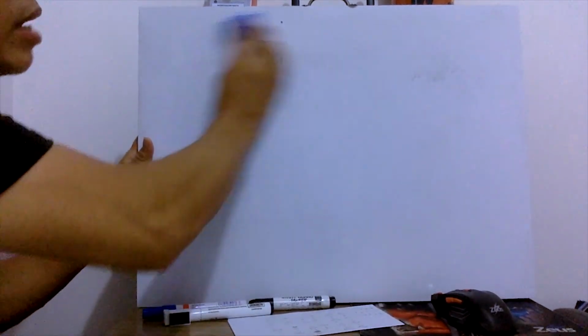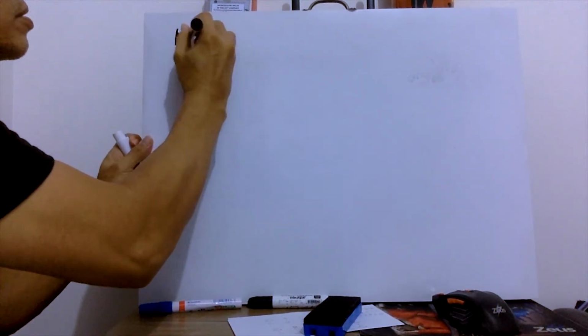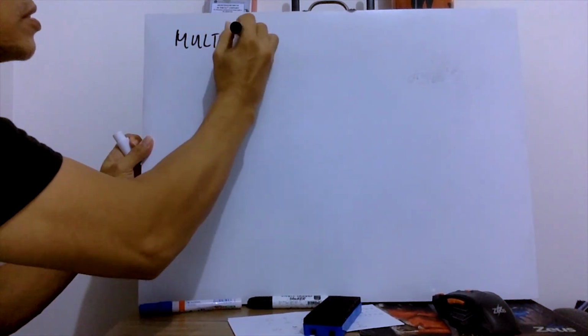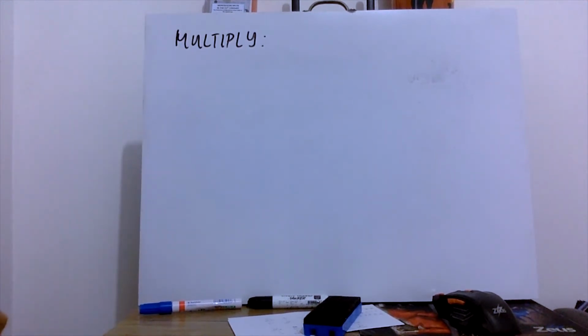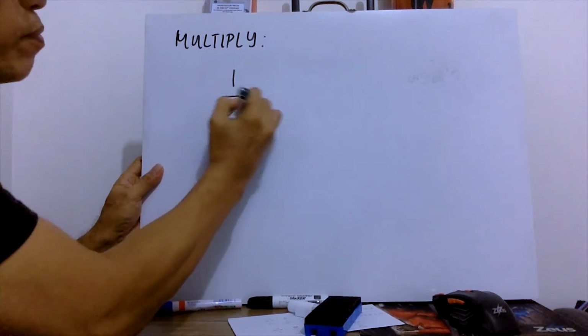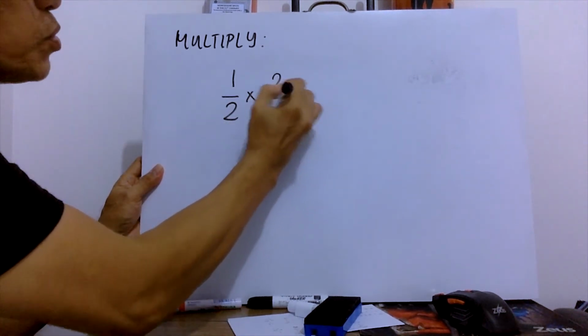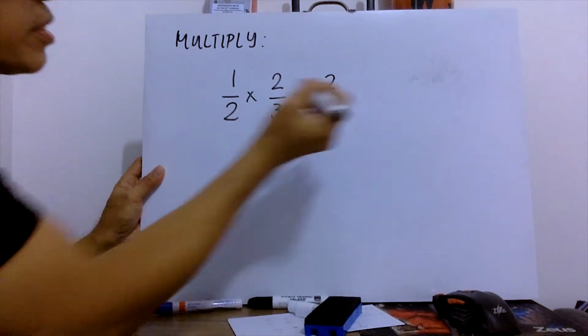Now, how do we multiply fractions? Actually, this is the easiest operation for fractions. Okay, 1/2 times 2/3. It's just 2 over 6.